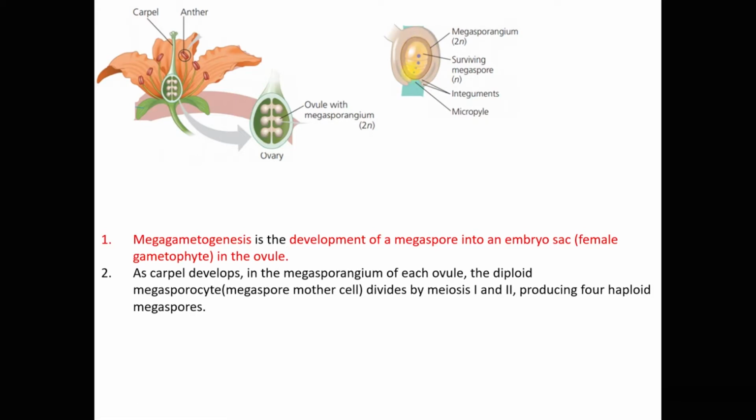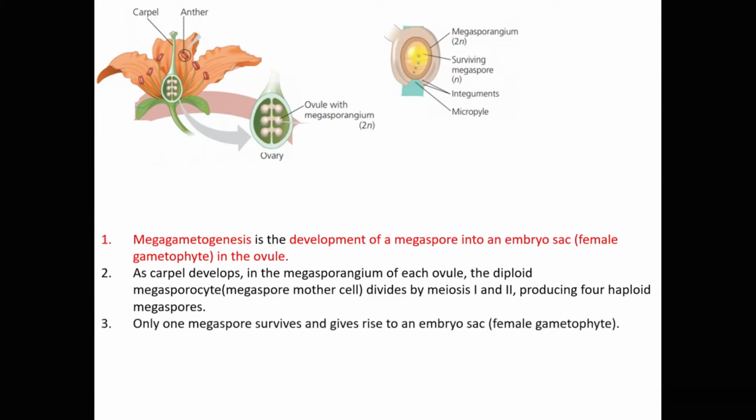This is the megasporocyte inside the megasporangium. This megasporocyte divides by meiosis 1 and 2 to form 4 haploid megaspores. The megasporocyte is also known as the megaspore mother cell. Now we have 4 haploid megaspores.